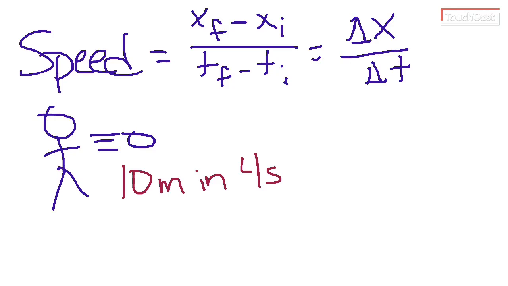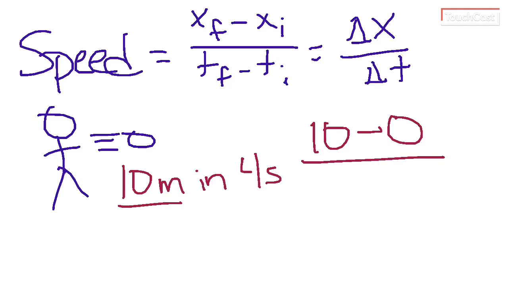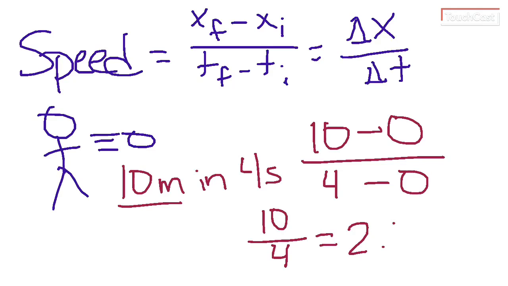And so x final would be 10 meters, right? We threw it 10. X initial is going to be 0, right? It started with us. And then time is 4 seconds. Time started at 0, and it ended at 4. And so our equation is actually 10 over 4. And so its speed was 2.5 meters a second.